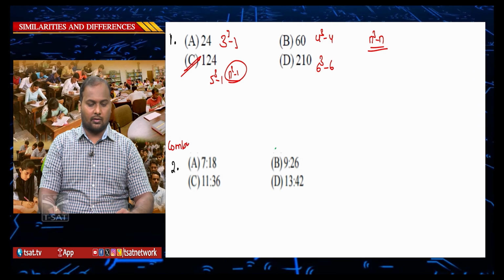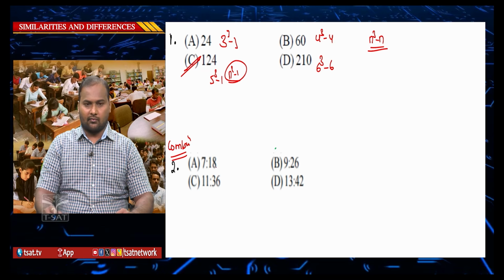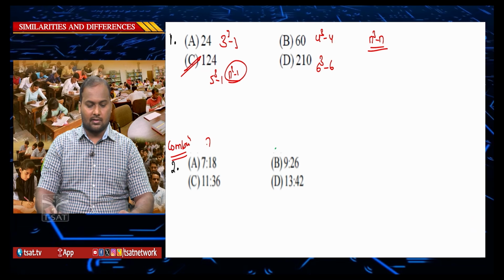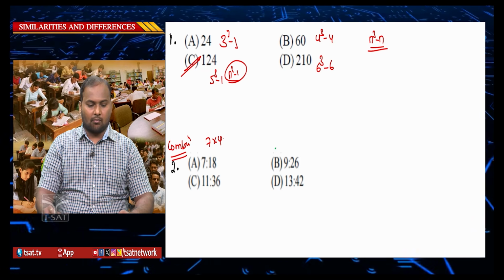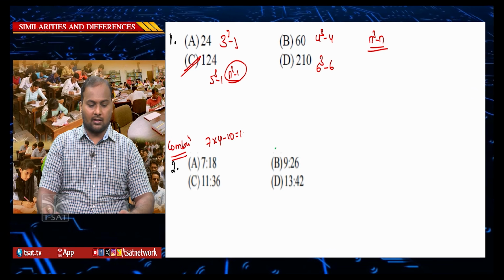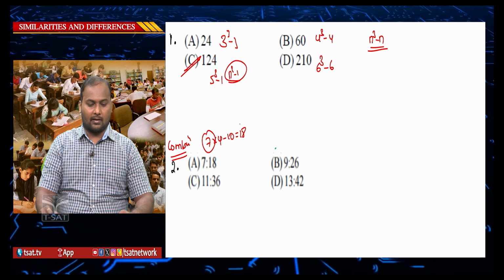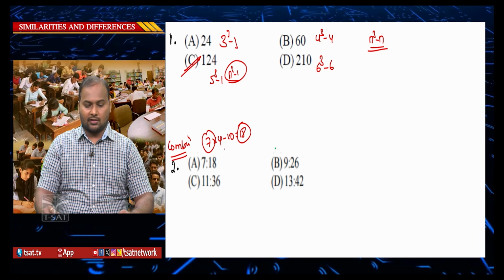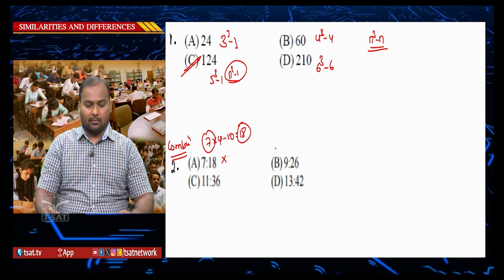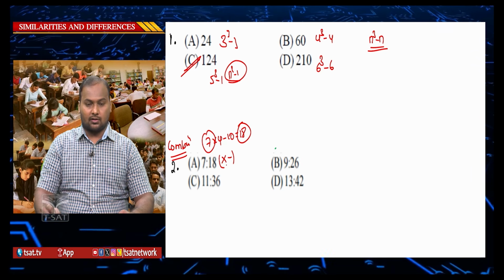What is that combination here? For example, 7 and 18. I can write 7 times 4 is 28, minus 10, then I will get 18. So between 7 and 18 the logic is multiplication and subtraction. This is the combination.